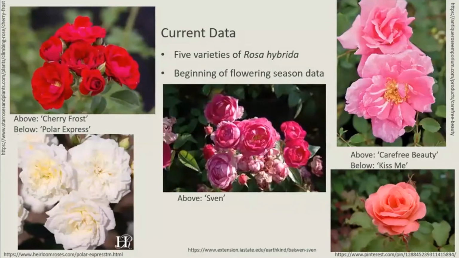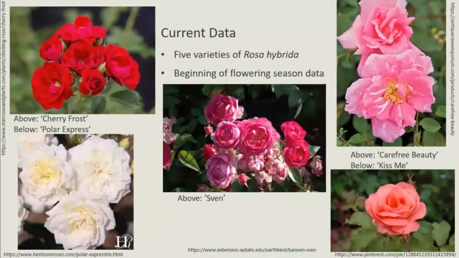Since my research is in progress, I have collected the first of three data collections from the season, and I'm doing my data collections on five different varieties of Rosa hybrida. These are roses that are grown naturally in the landscape at the Lyndale Park Rose Garden in Minneapolis, Minnesota.